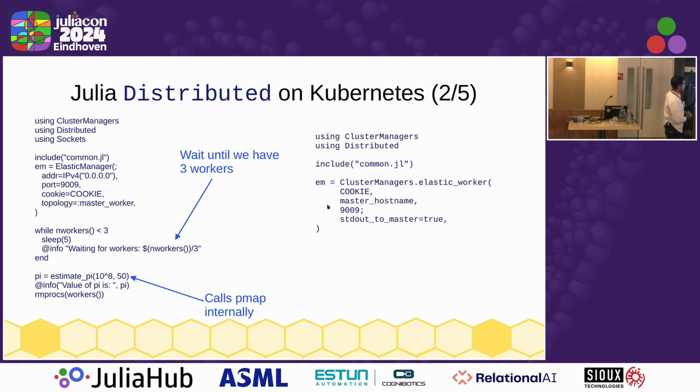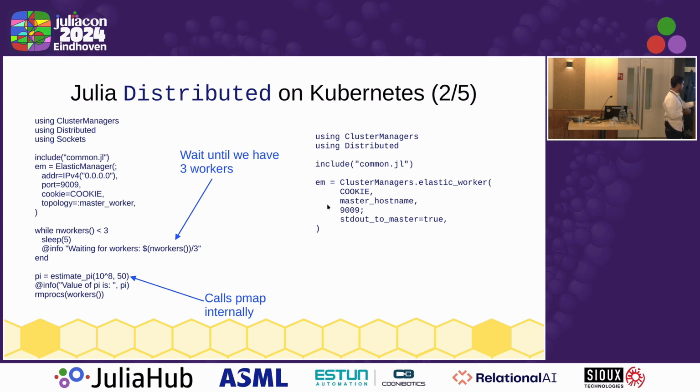On the worker side, we just have the elastic worker method being called, and as the workers connect, n workers is going to get incremented, and at some point it's going to be equal to 3, and that's when we come out of the loop.